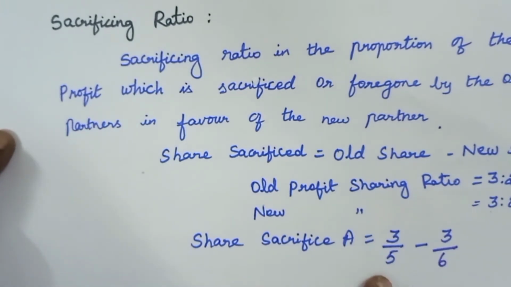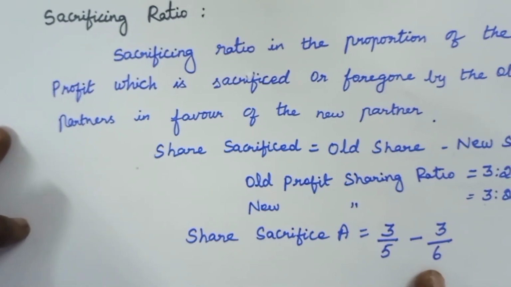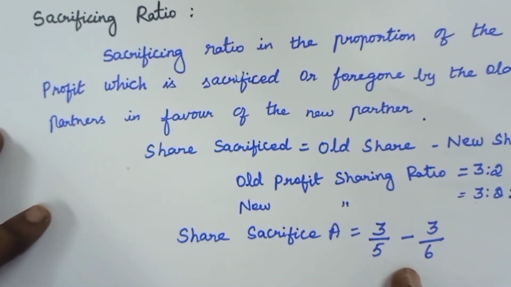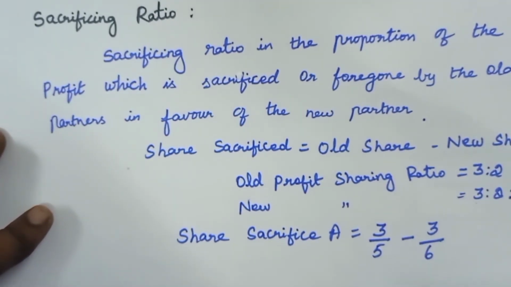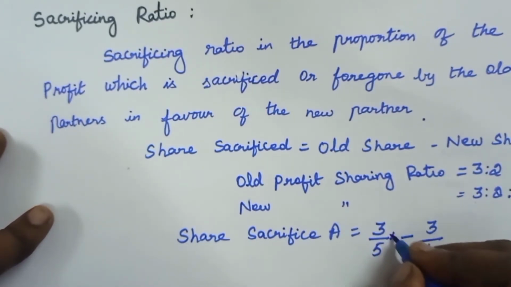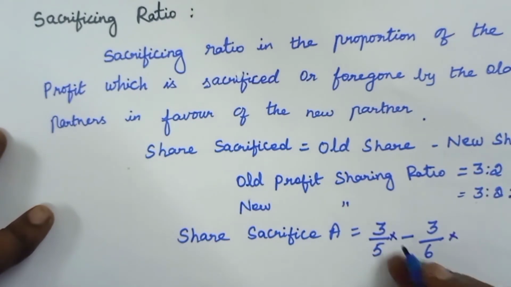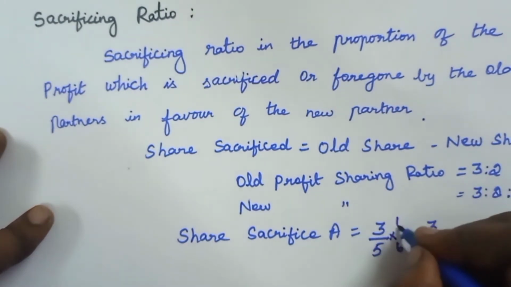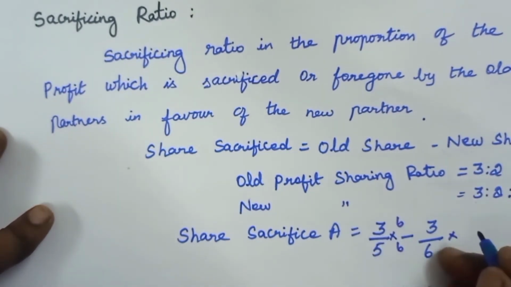Here the denominator is different. When the denominator is different, we have to find out the LCM. LCM for 5 and 6 is 30. So to change the denominator to 30, here multiply 5 into 6, we will get 30. 6 into 5, you will get 30.